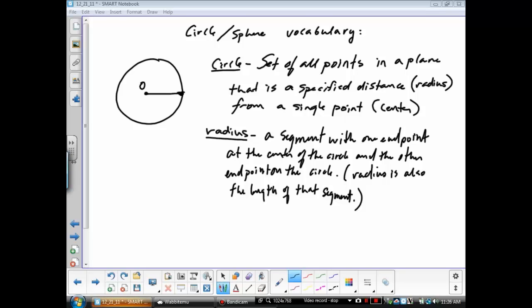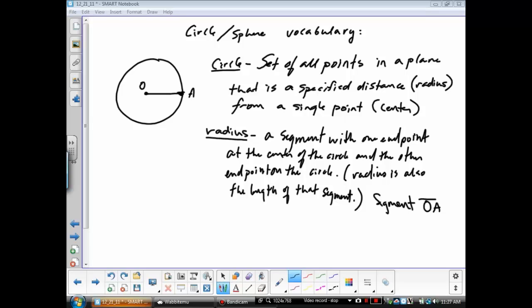If the center of the circle is O, very common name for a center of a circle, and this is a point A, then radius is segment OA. Yes, radius has to come from the center to the edge of the circle.